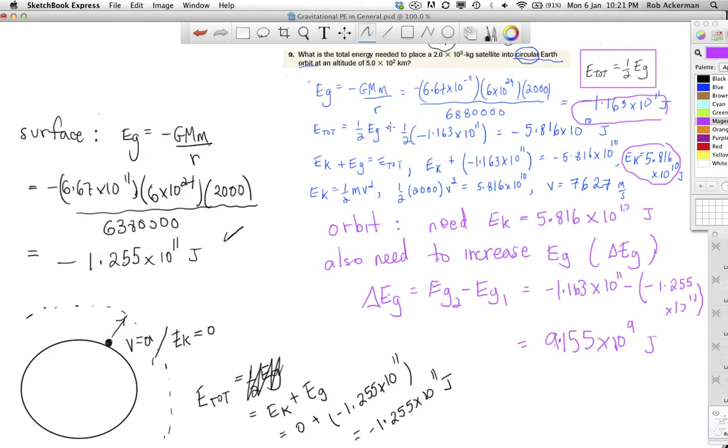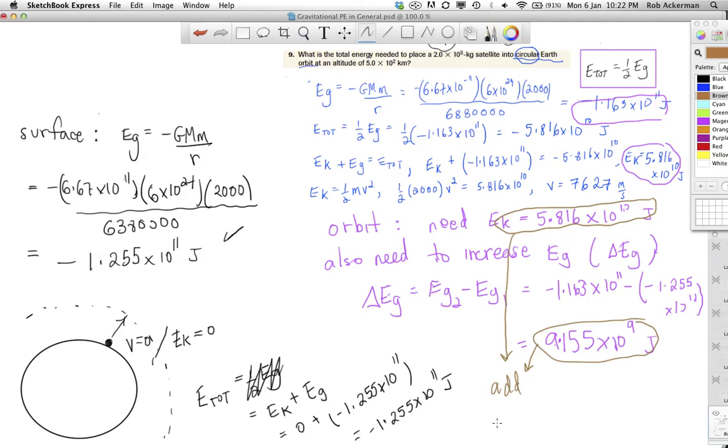So in the end, how much total energy do I need to get into orbit? Well, I've got to get this much EK, and I've got to gain that much EG. Add these up, and you will know how much total energy is needed to get up into orbit. So here we go. Let me just add that, 5.816 by 10 to the 10.